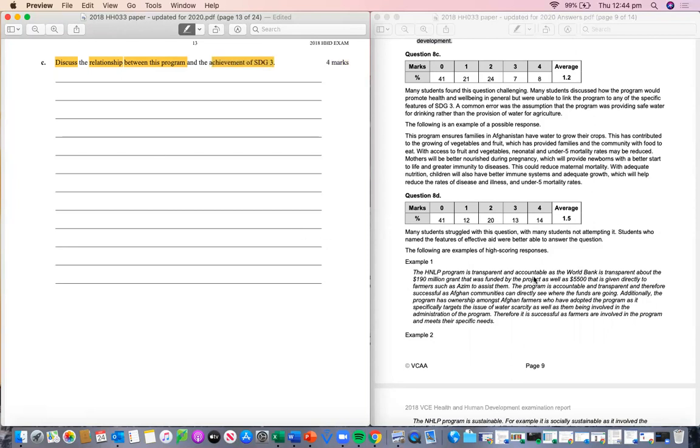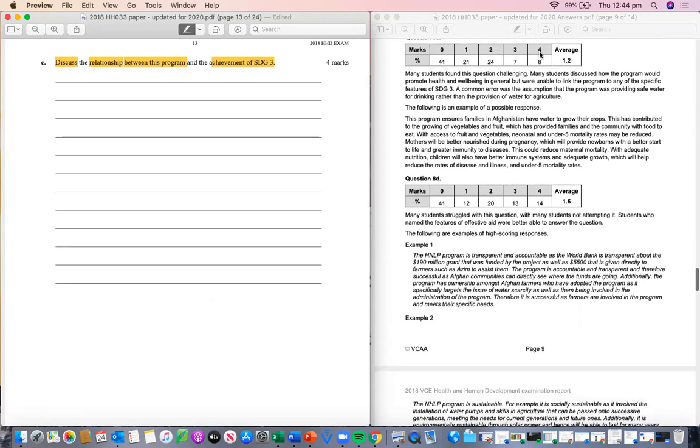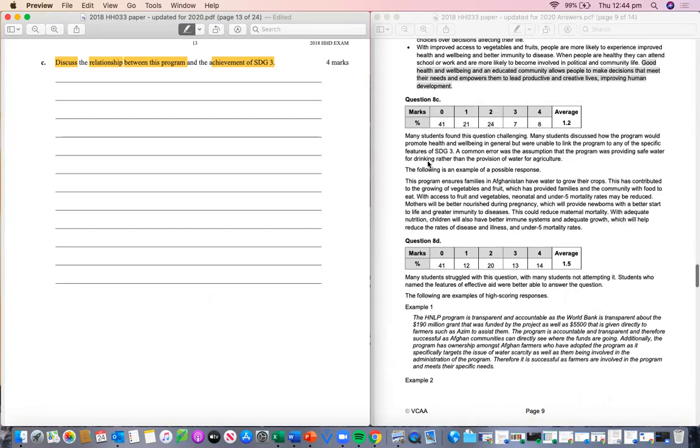The average mark for this question was 1.5. The one thing that VCAA found was that many students found the actual question challenging because they were discussing how the program would promote health and well-being in general, but were unable to link the program to any specific features of SDG 3.